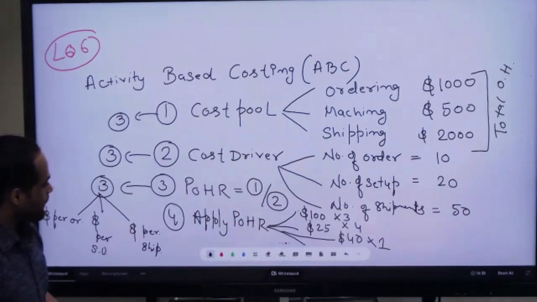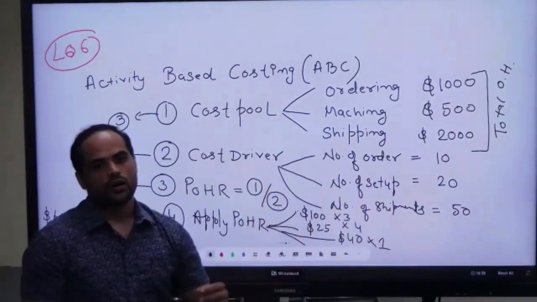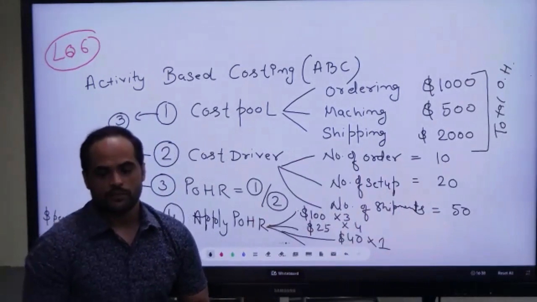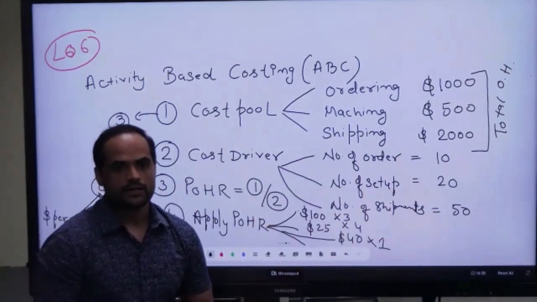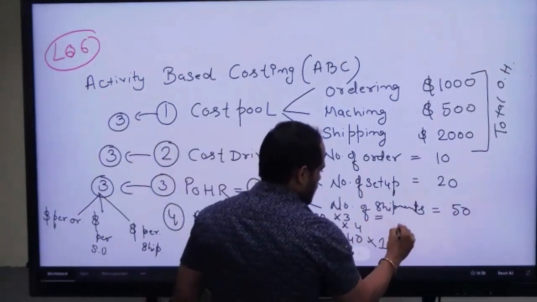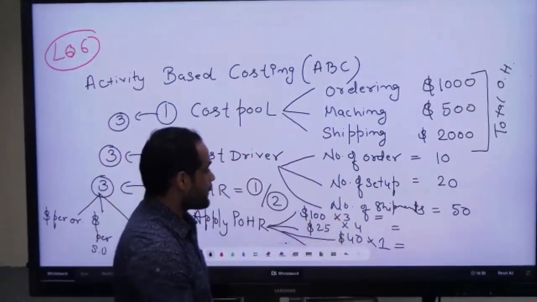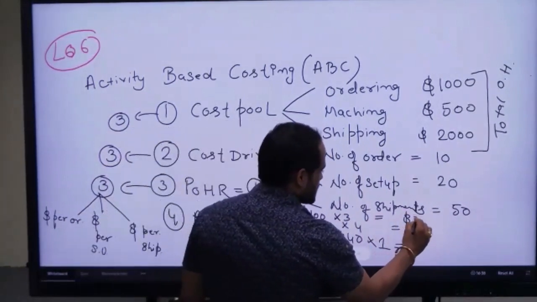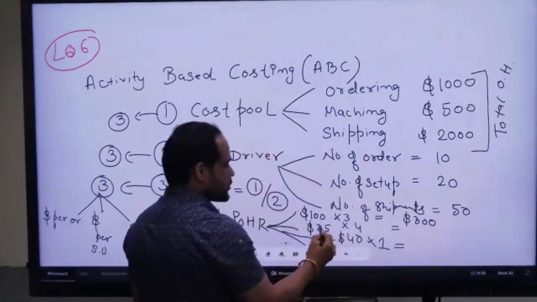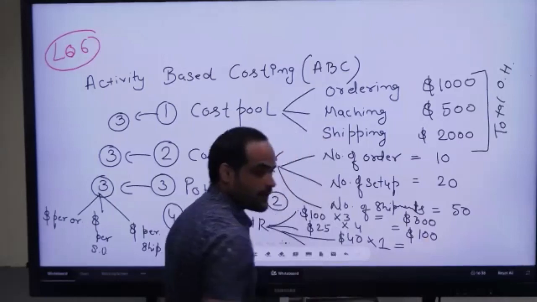Okay, so this information, 3, 4, and 1, is given in your question. Right? So now we got these 3 numbers. 100 multiplied by 3 is 300. 25 multiplied by 4 is 100.